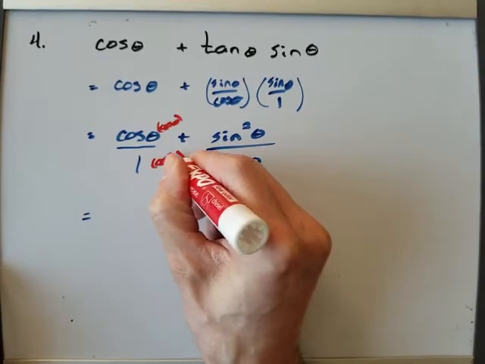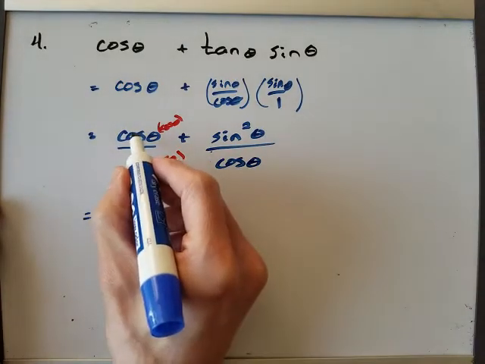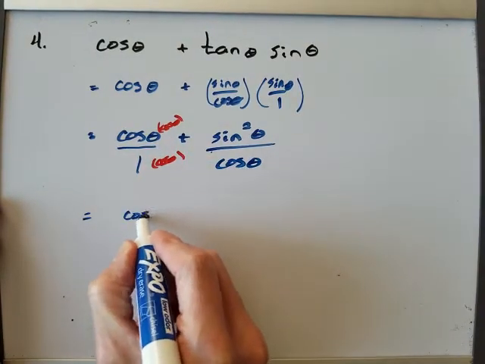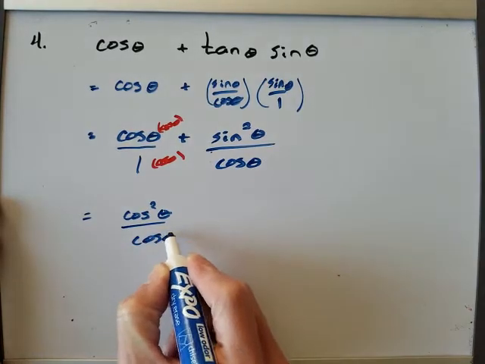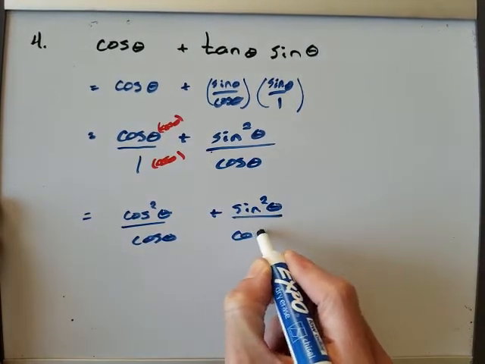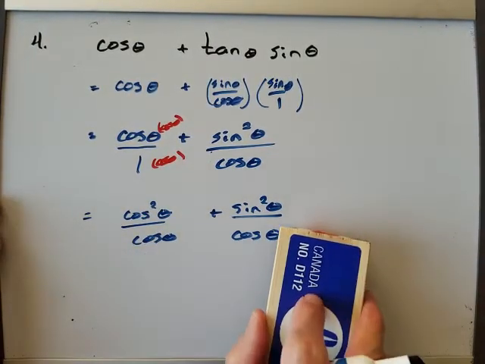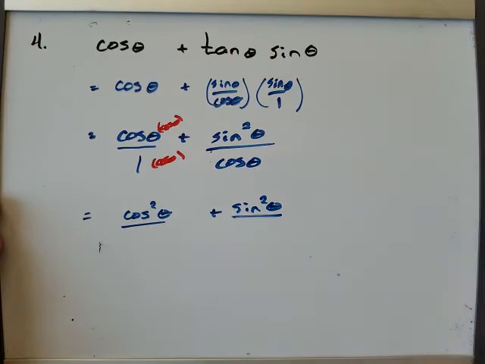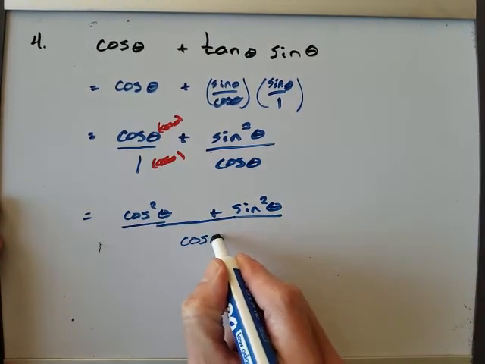Sorry, that's so messy. And then what you would have is a common denominator. You would have cosine squared over the denominator of cosine. And then you would have sine squared. And this one didn't need to be multiplied by anything because it already had the common denominator. And then this is what you can actually do. You can write it like this, or it's okay, you can just jump right to writing the whole numerator over the common denominator.